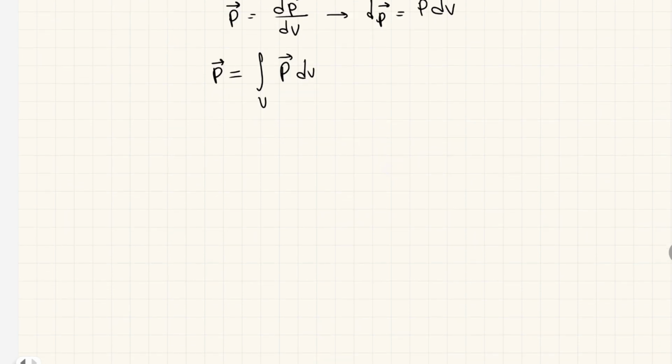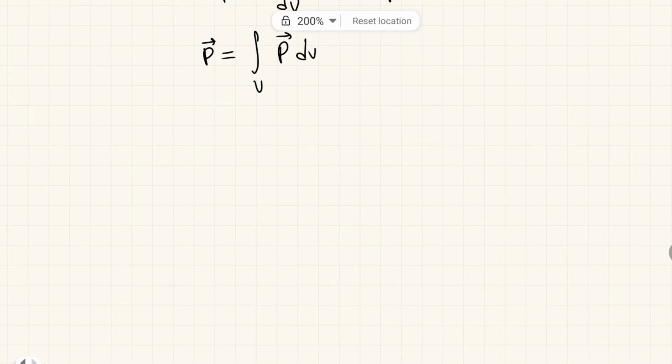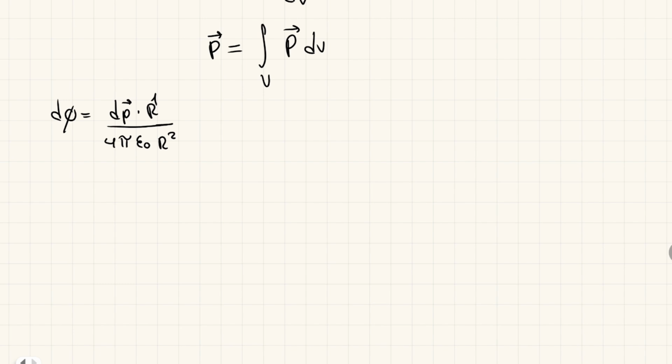We can remember that we have already encountered an expression to calculate the electric potential generated by a dipole. We made that in a previous video. You can see that in the video of electric multipoles, for example, where we showed that the electric potential due to the dipole is going to be this equation that we have here.